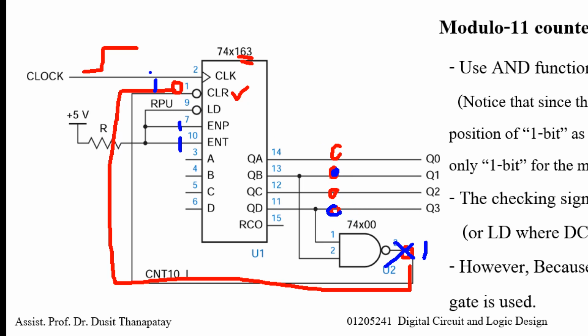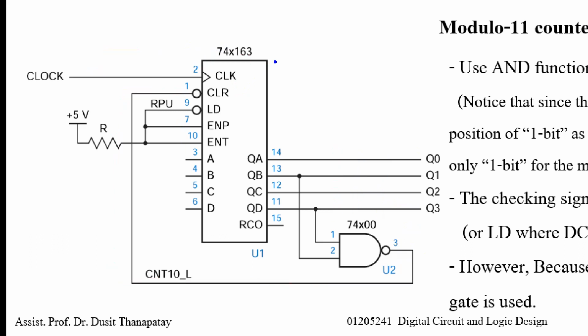That means when clock tick, it changes to 0 0 0 1. If clock tick again, it becomes 0 0 1 0, and so on until it becomes 1 0 1 0. The state of 10 again makes this output active and then clear. If you don't want to use clear, actually you can use load instead.